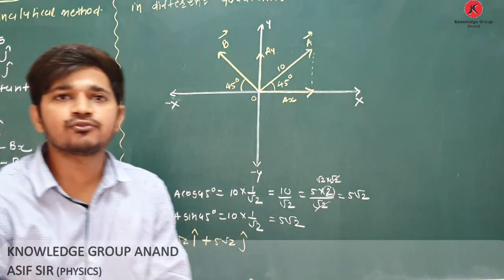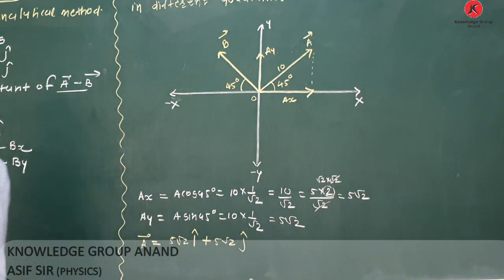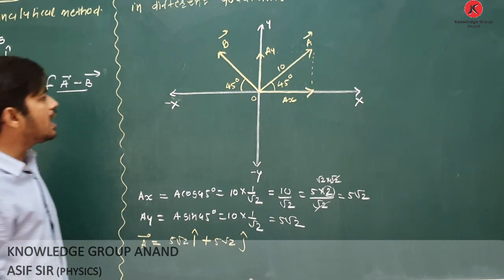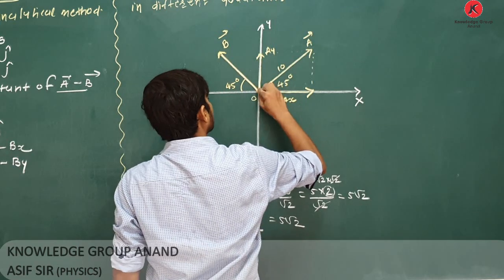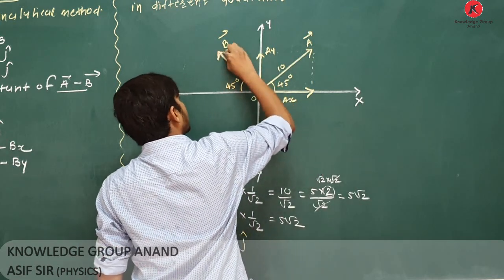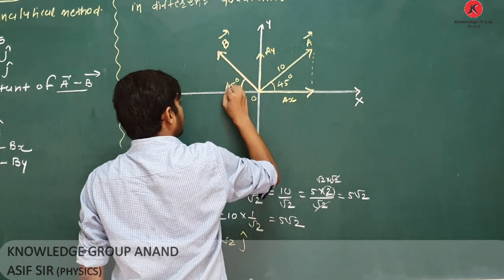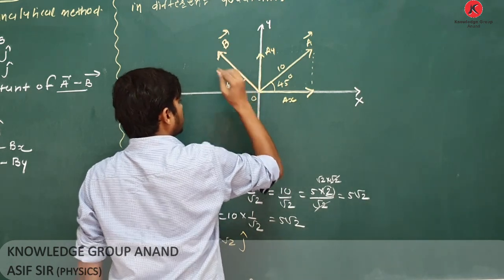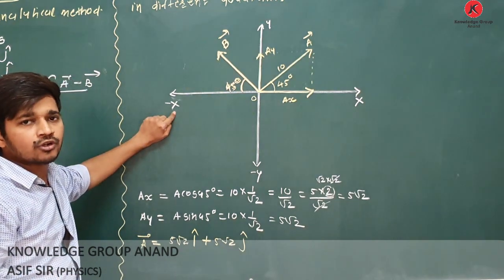Yes, you have to follow your method. If it is vector B in this direction, B makes an angle of 45 degrees with the negative x-axis, then how to resolve this vector?